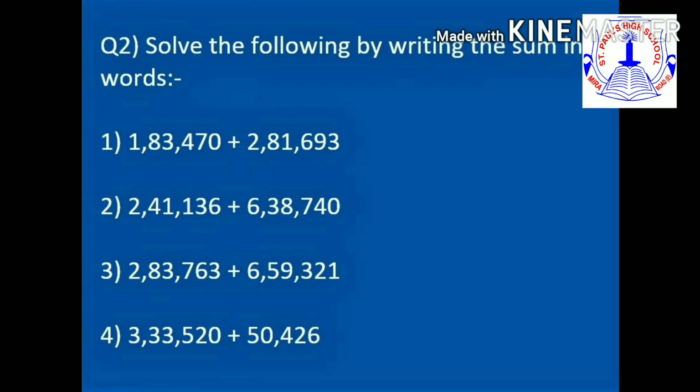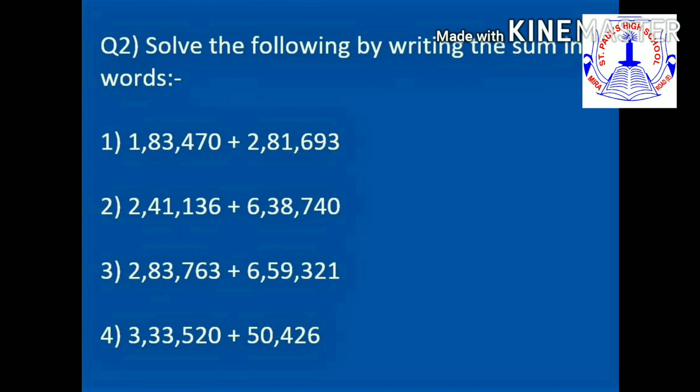Question number 2. Solve the following by writing the sum in words. First one, 1,83,470 plus 2,81,693. Second one, 2,41,136 plus 6,38,740.